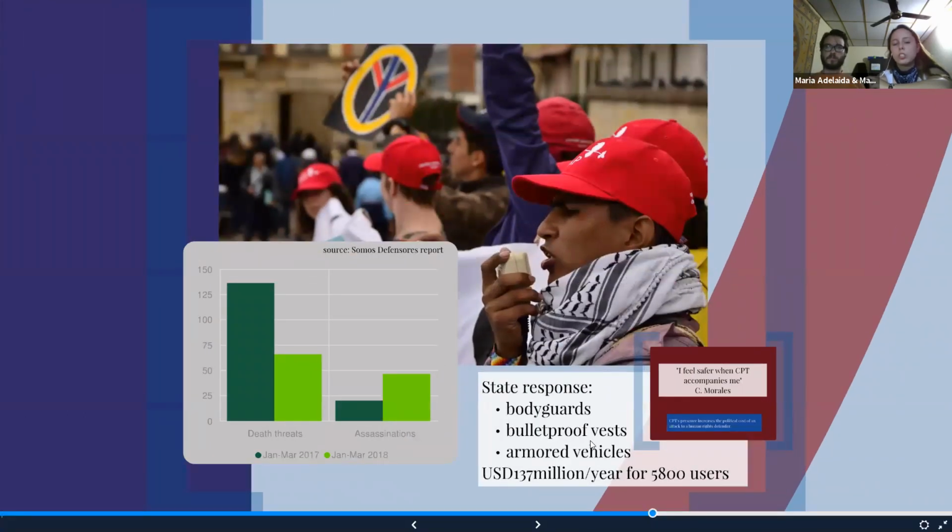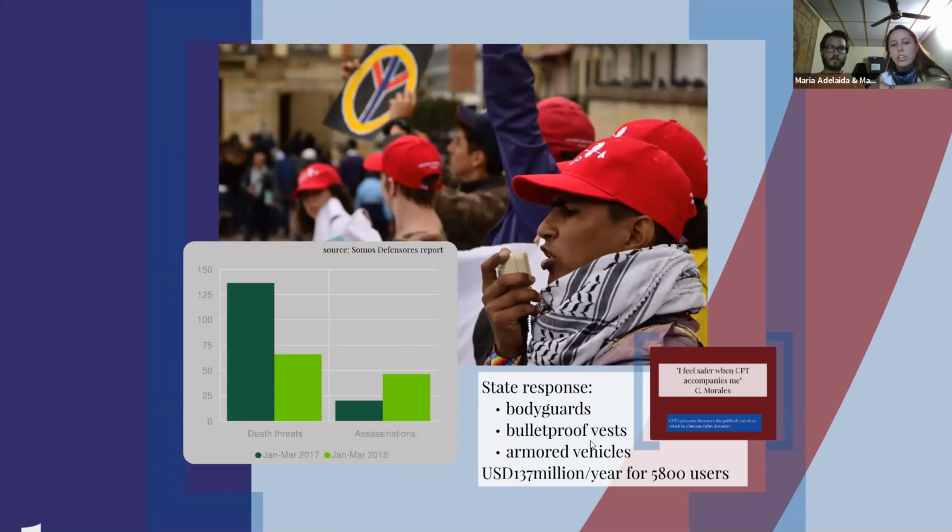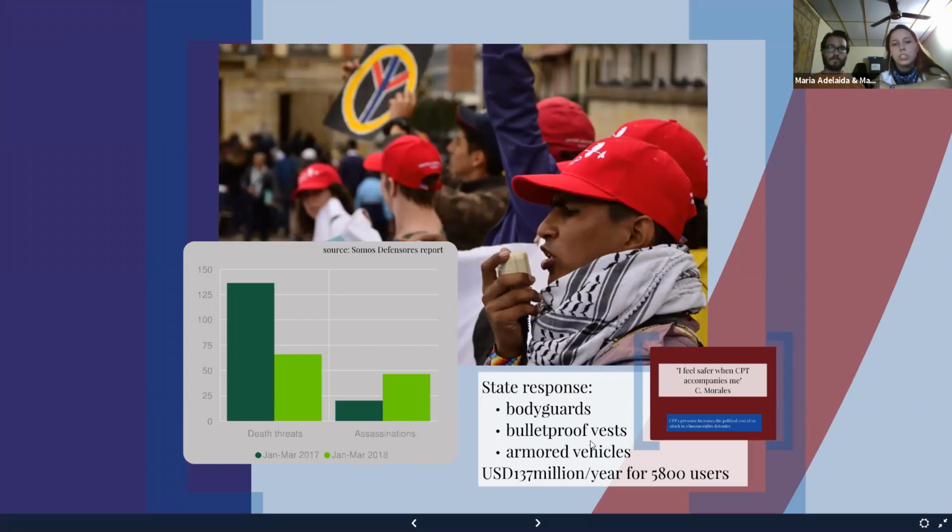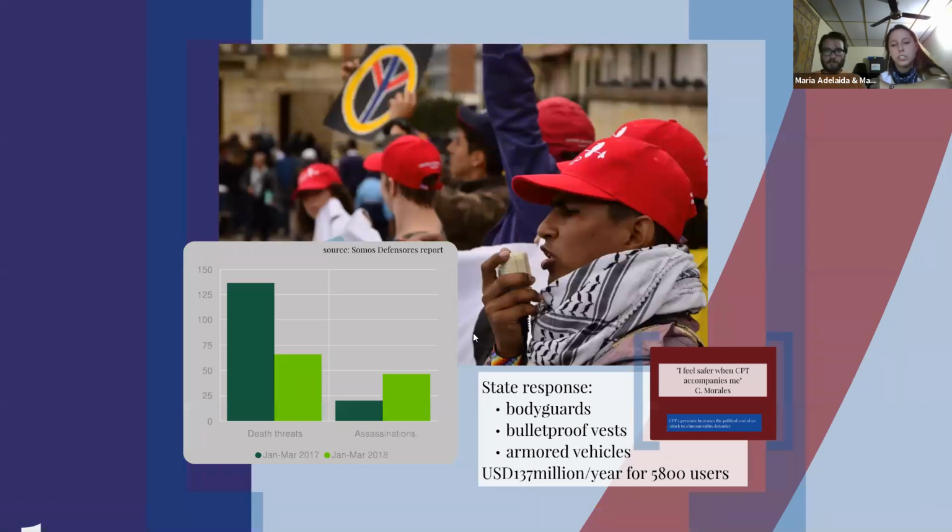So from January to March 2017, the deaths were a lot bigger than what happened in 2018, but we're still having some real issues with the protection of human rights defenders. And the state response has been hiring bodyguards and buying bulletproof vests and armored vehicles, and this is not enough.